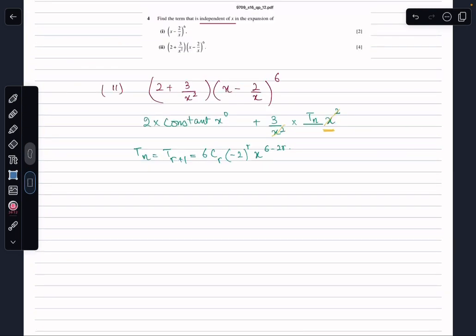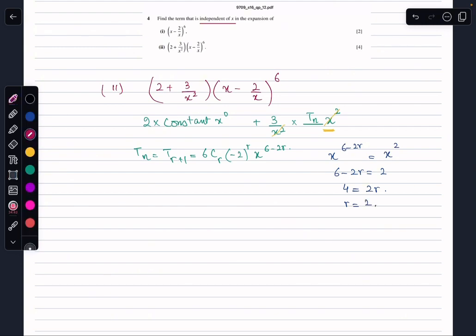I shall use this term formula again to get the coefficient of x square. So x to the power 6 minus 2r should be equal to x square. Now find the restriction: 6 minus 2r equals 2, or 6 minus 2 gives 4, which equals 2r, so r shall be equal to 2.